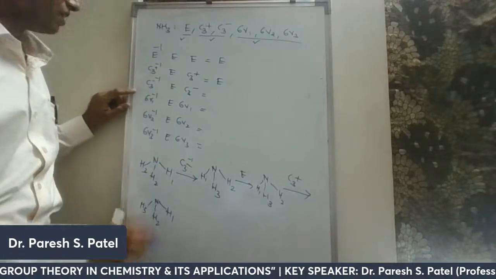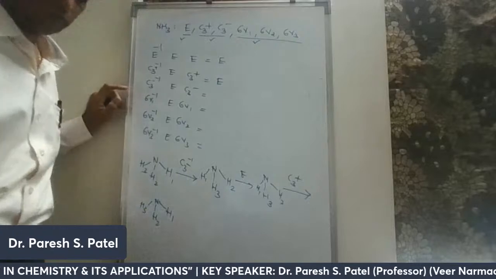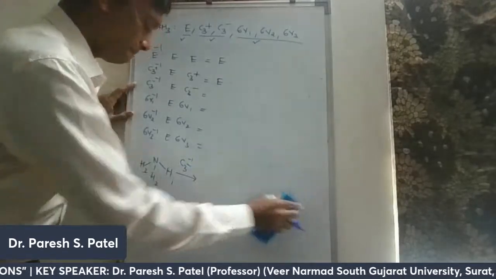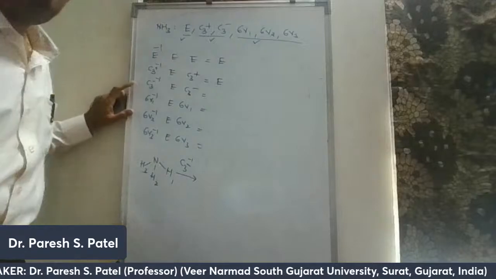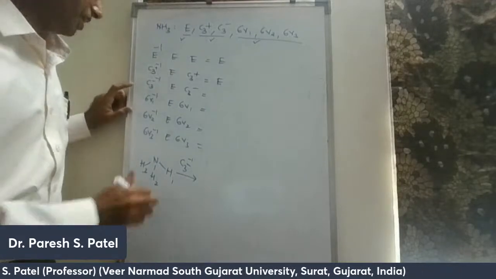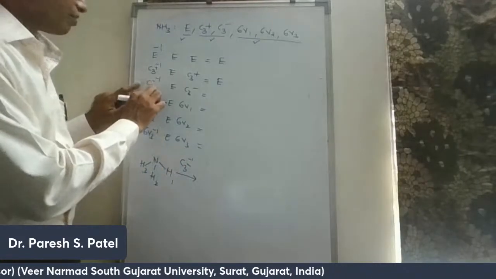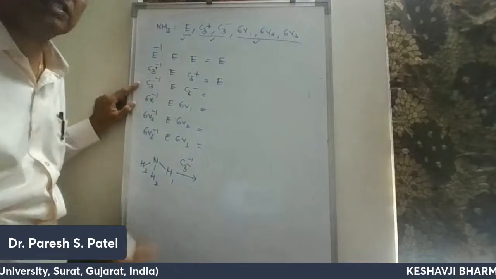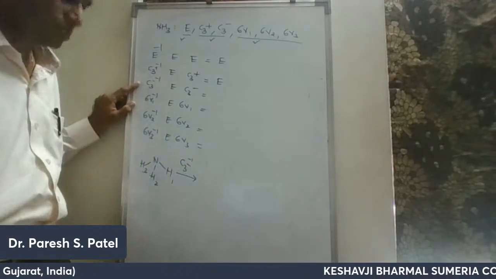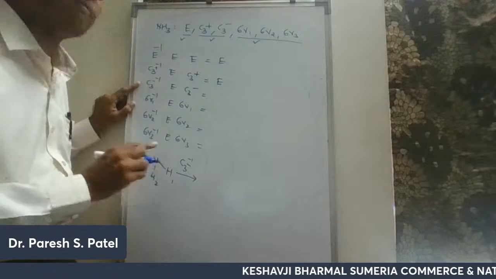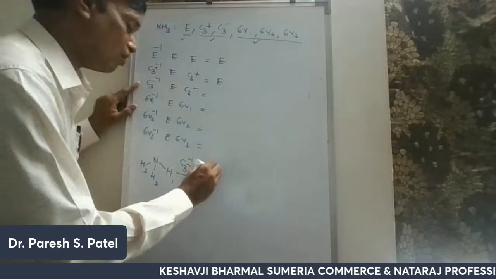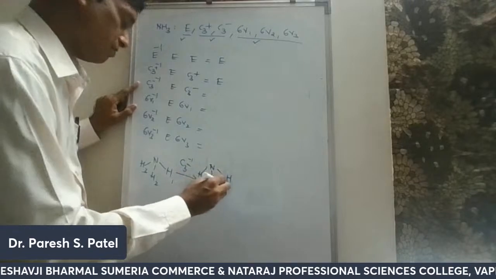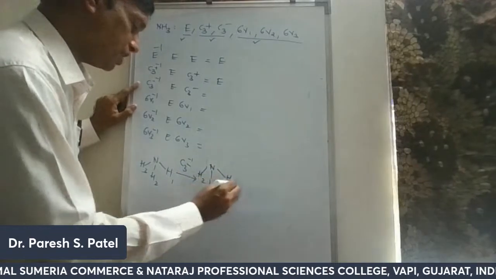The next one is C3 minus inverse. Okay, we already discussed the C3 plus. C3 minus means one time anti-clockwise rotation, and C3 minus inverse means one time clockwise rotation. 1, 2, and 3.